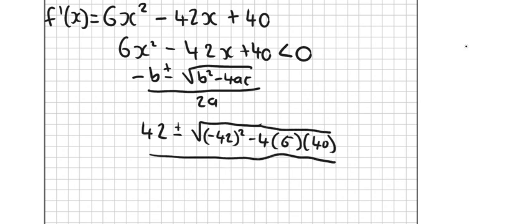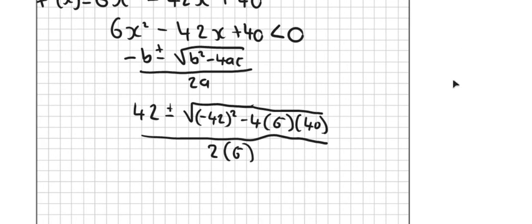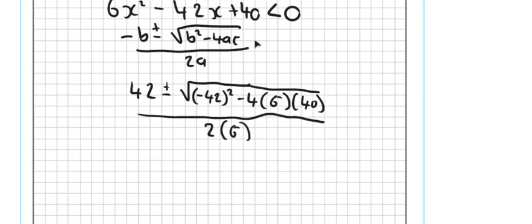All over 2 times 6. I just noticed all of those numbers were even, so I could have simplified down that quadratic before I put them into the formula, but it shouldn't matter. You just need to use calculator anyway.